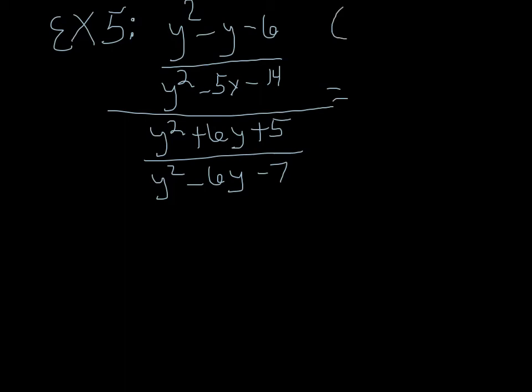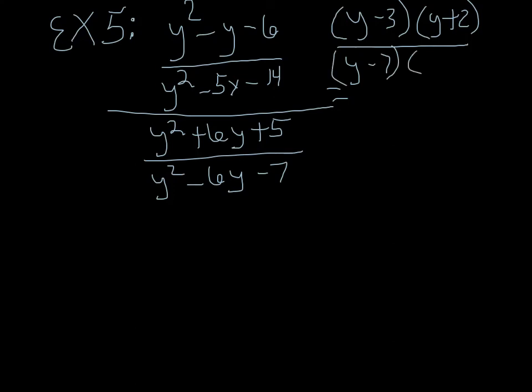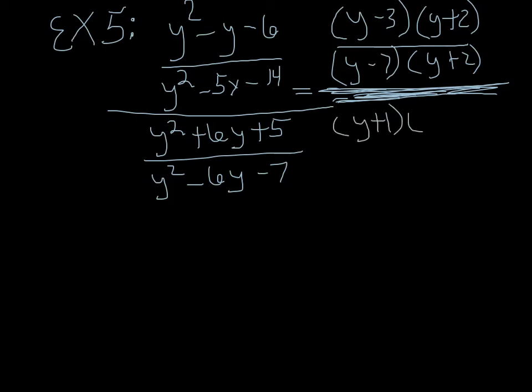In our numerator, you'd have y minus 3 and y plus 2, okay, all over y minus 7 times y plus 2, okay, and then on the bottom we've got, so this is our big division line, okay, big division line, okay, and then on the bottom we have y plus 1 times y plus 5 all over y minus 7 and y plus 1.